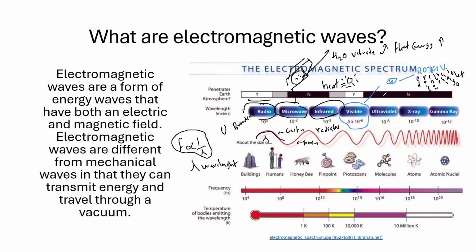Okay, so in this type of waves, you're going to observe that, for example, objects with red color have a greater wavelength. But if you move forward, getting close to the violet, the wavelength will decrease.